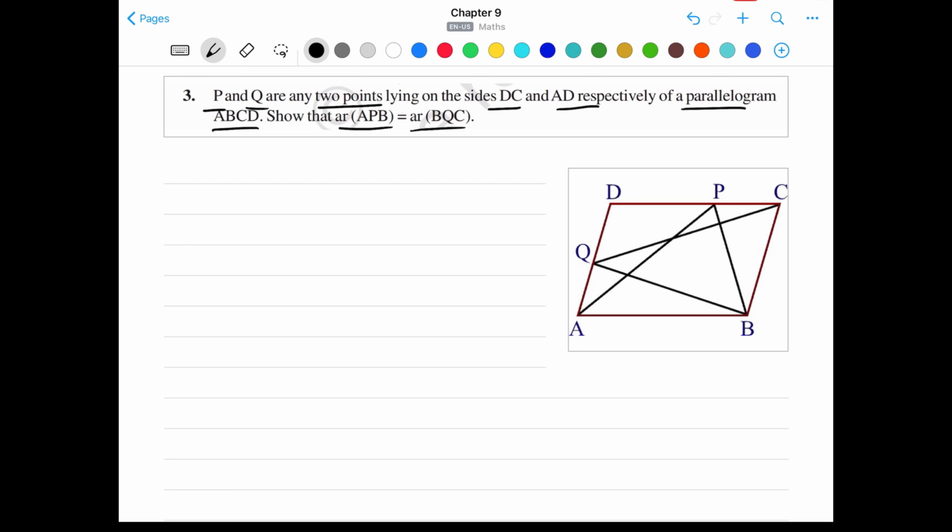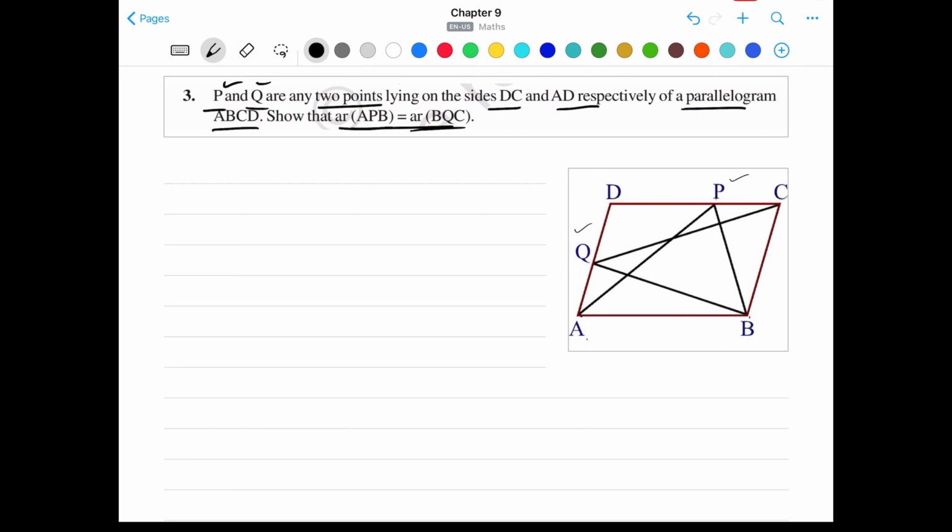We have a parallelogram ABCD, and on it we have points P and Q on the two sides DC and AD. On DC we have P and on AD we have Q. We have joined these points to the vertices to form the triangle APB and the triangle BQC.